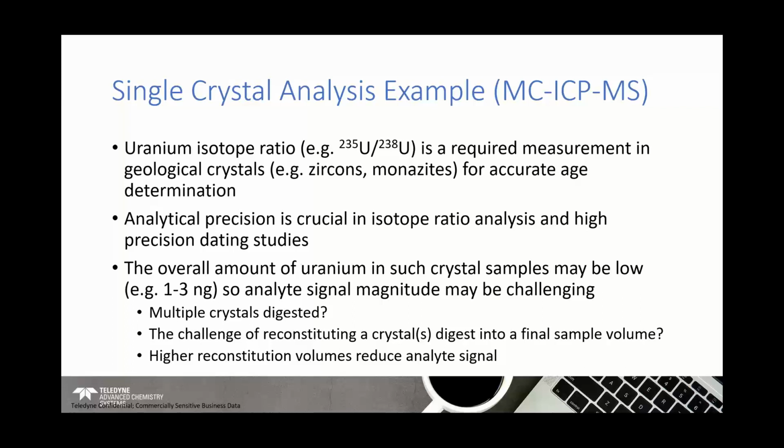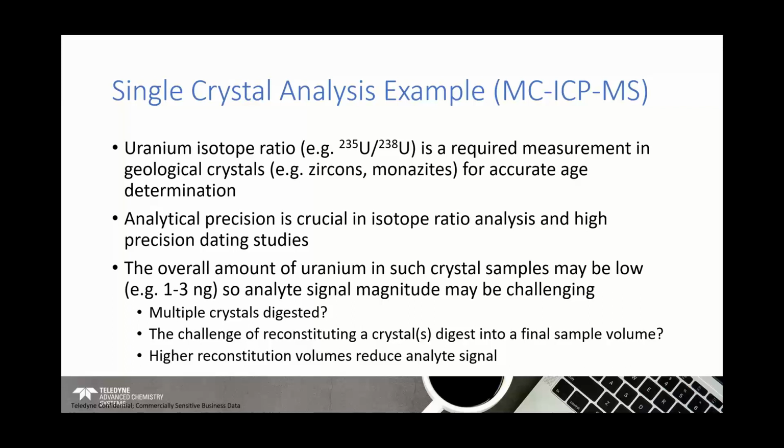In that kind of study and that kind of analytical measurement, the precision is a crucial aspect. It's a crucial part of isotope ratio analysis and high precision dating studies. If the analytical precision is not as tight as it can be, that variability will affect your data in dating studies.